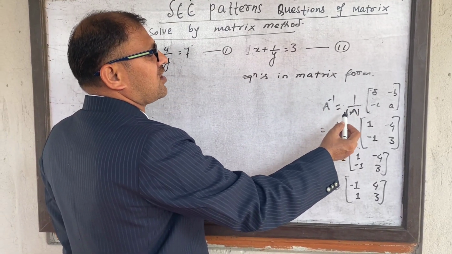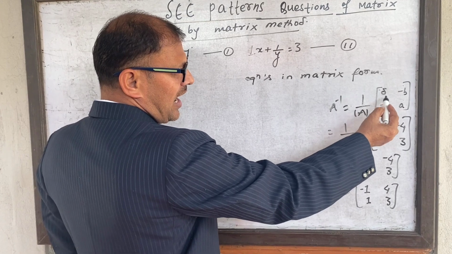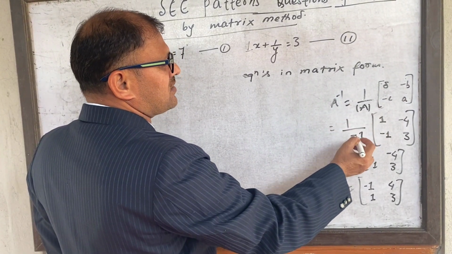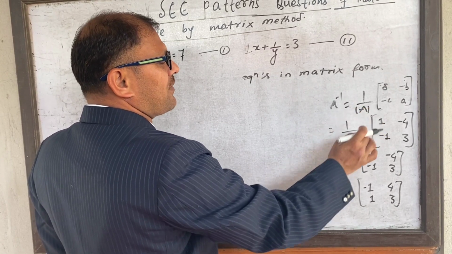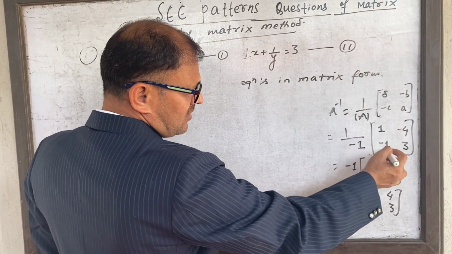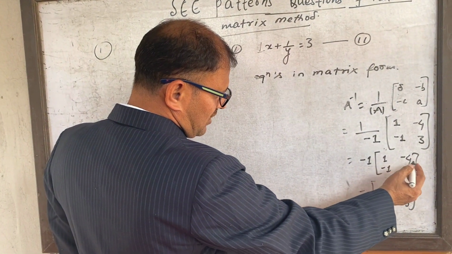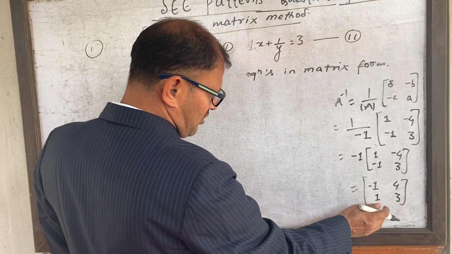A inverse is equal to 1 by determinant of A times adjoint of A. That means the determinant of A is minus 1, and here 1, minus 4, minus 1, 3. Then after that you multiply with this minus 1, and you get this.